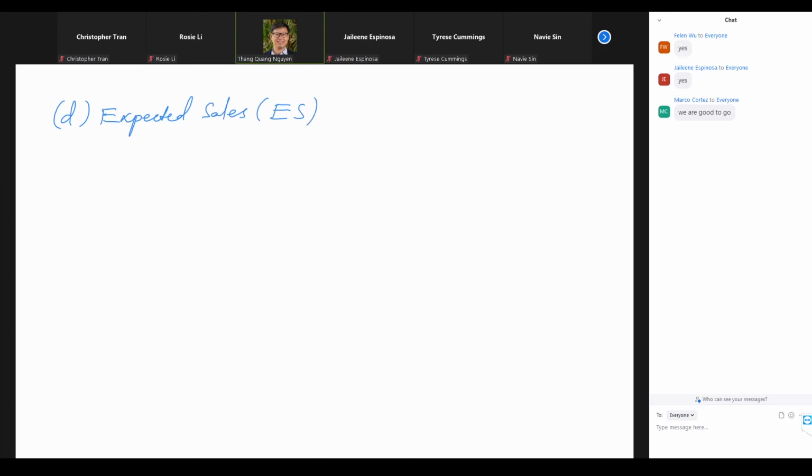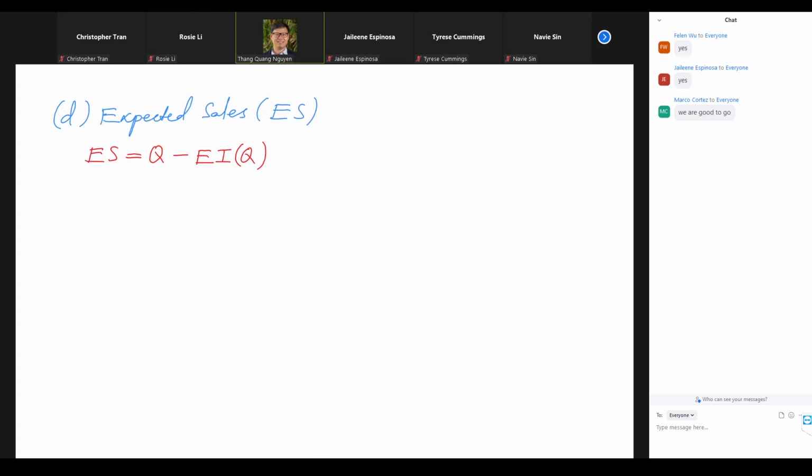So the idea is very simple. If we carry Q at the beginning of the season, and we know the expected leftover of the season, then we just subtract these two numbers. Then we have the expected sales. During the season, we expect to sell this many units.